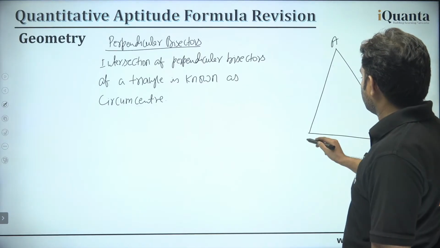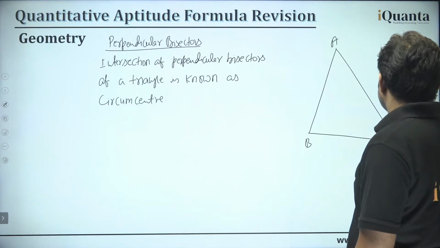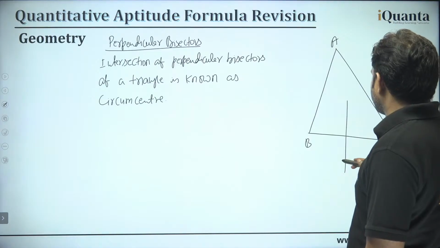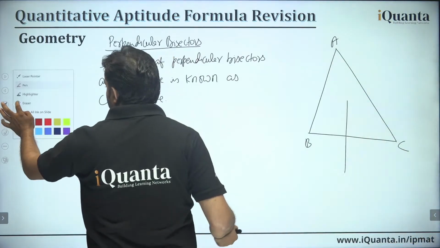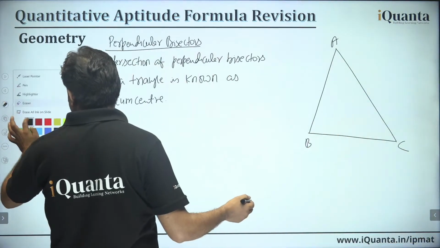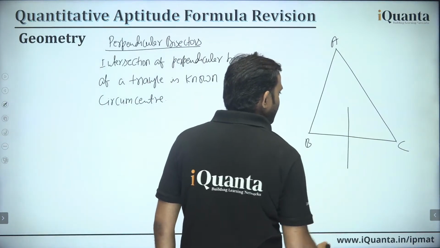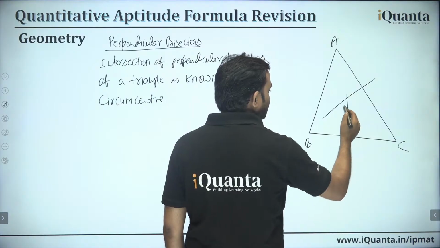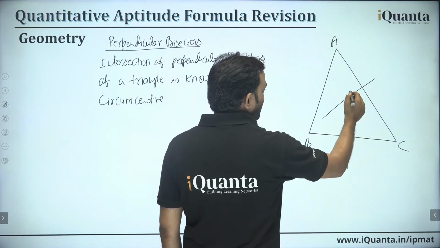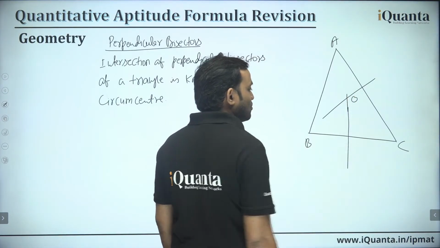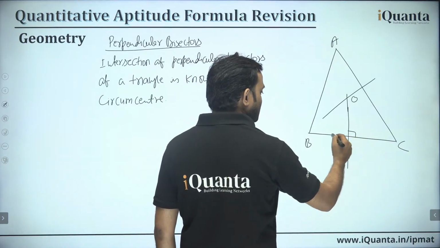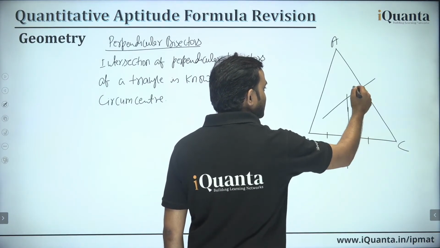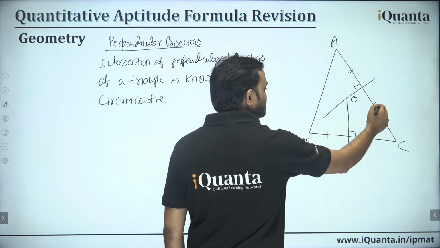Triangle ABC. This is one of the perpendicular bisectors, not close. The other perpendicular bisector, let's say, is drawn like this. Then this point we can denote as O. This is perpendicular, as well as dividing these two in equal parts.